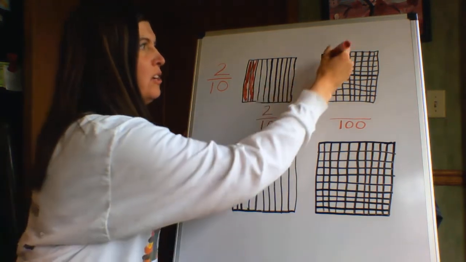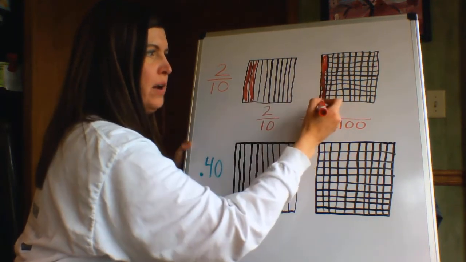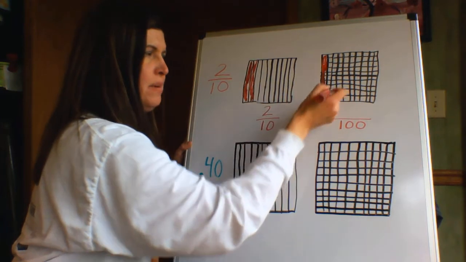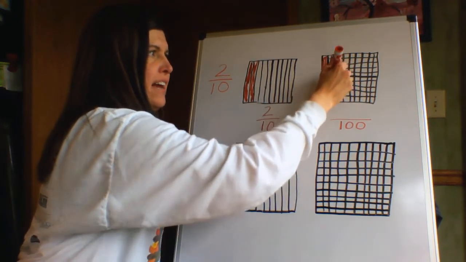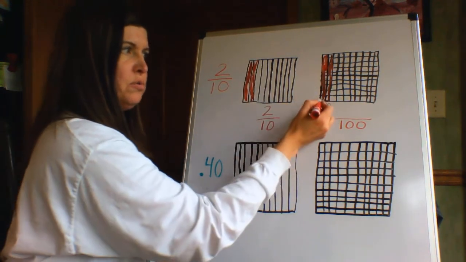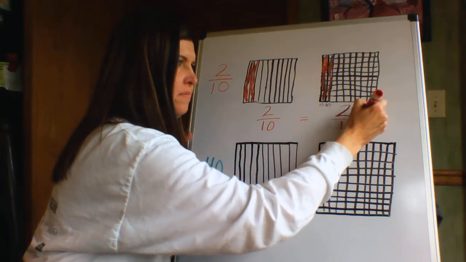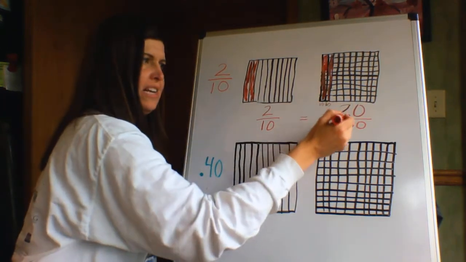So I'm going to color this in. I'm going to color in one row, and I know that that is 10 pieces. Color in the next row, and that's going to be 10 pieces. So 10 plus 10 is 20, which makes 20 hundredths.